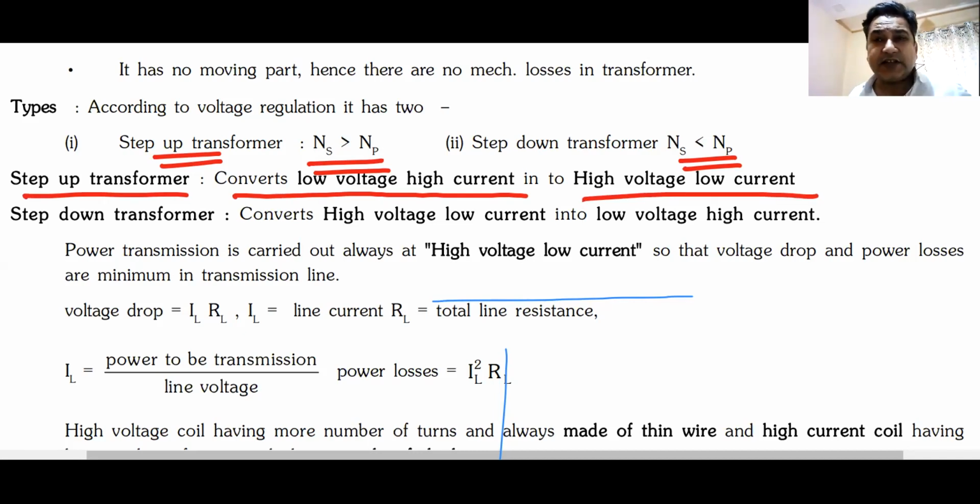Why do we want to increase the voltage? Because when you increase the voltage, current decreases and hence the power loss decreases, and hence we can transfer this AC current or AC voltage from a far off place to a near place. In earlier years, there was a big debate between DC and AC, which is more efficient.